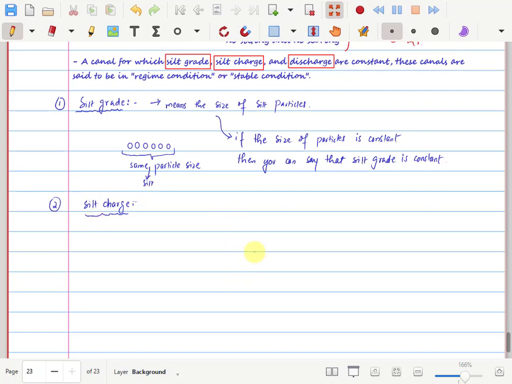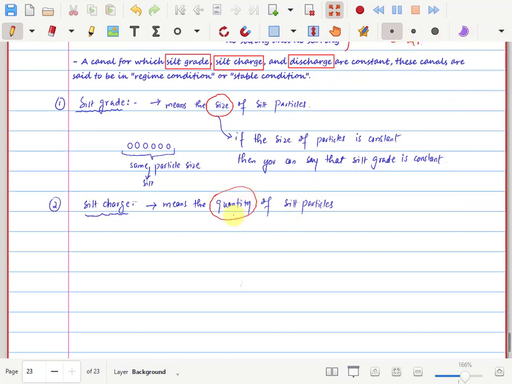Silt charge means the quantity of silt particles. Okay, are you noticing the difference? Silt grade means size of silt particles, silt charge means quantity of silt particles, right?